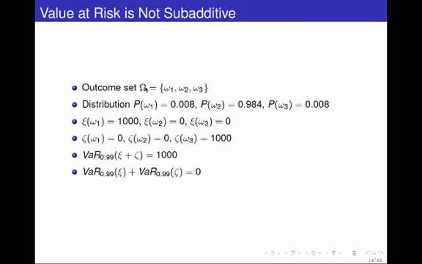So the principle of subadditivity says that if I, the trader, sell you both of these options, then the risk that I'm taking on should be less than the sum of the risks that I would have been taking if I were selling these individually.